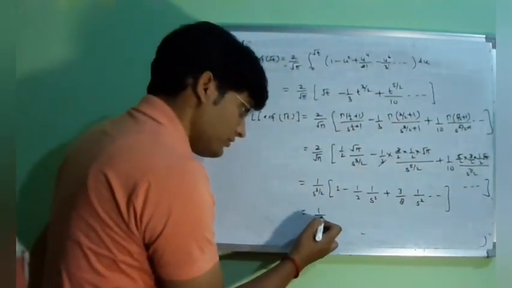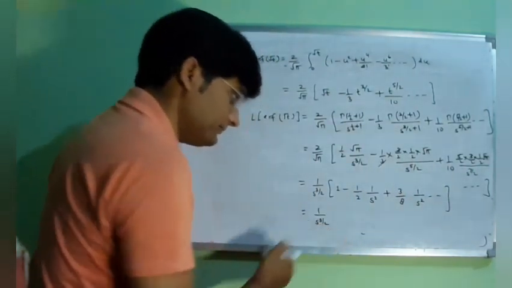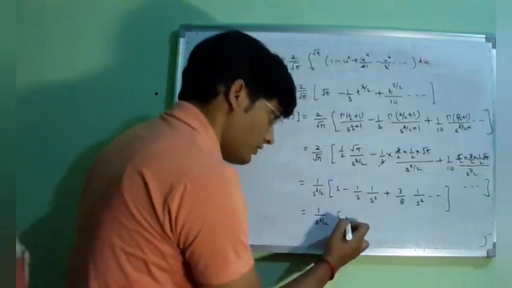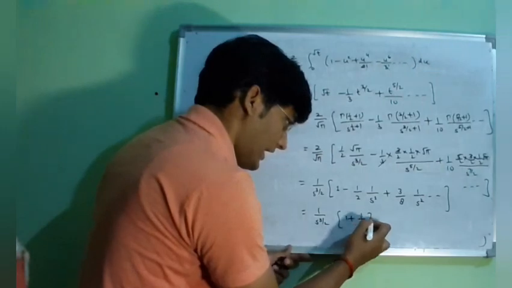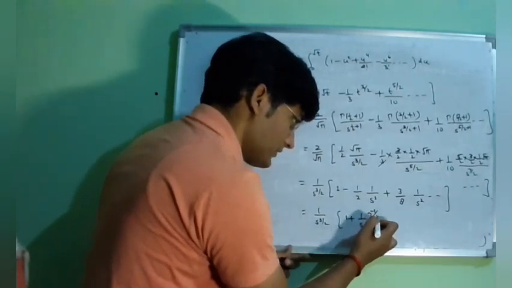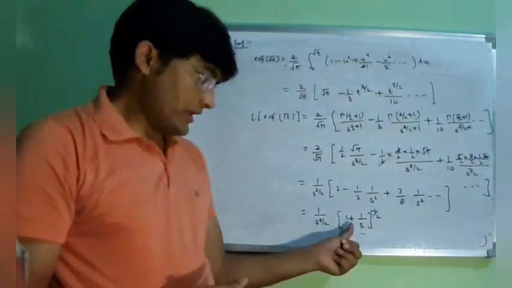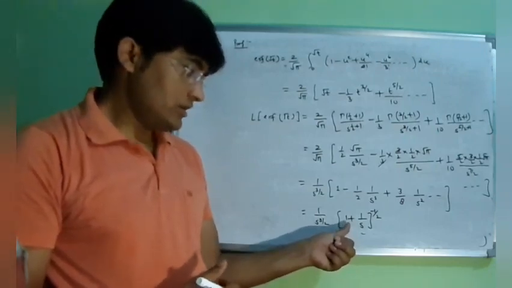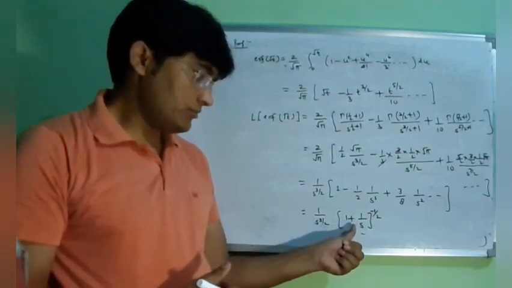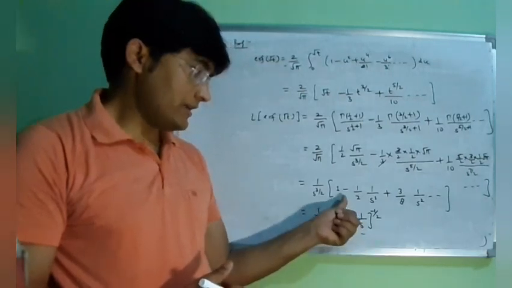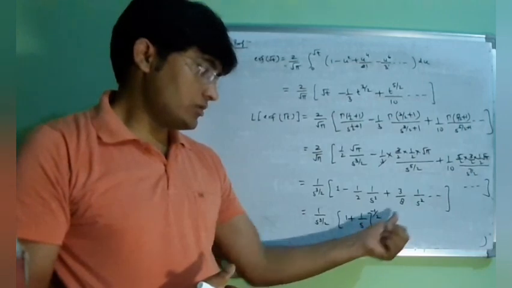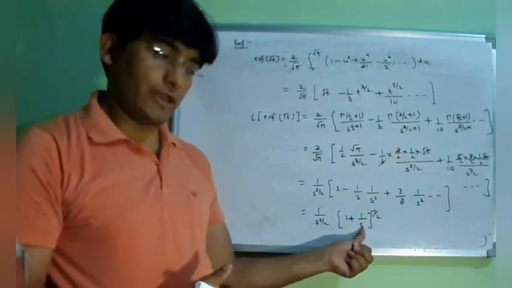Now we have a series of binomial. We know that the binomial expression of 1 plus x power n or minus n. If you expand this term with the help of binomial expansion, then this will be your 1 plus x power n, and that is equal to 1 plus nx plus n into n minus 1 upon factorial 2 x square of 1 by s.